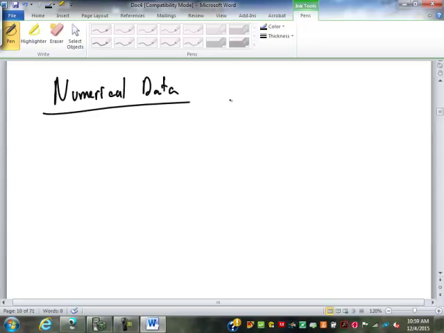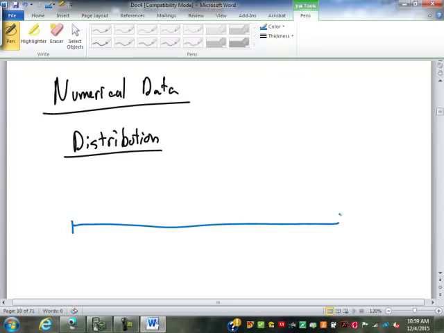To understand numerical data, you have to understand something called a distribution. A distribution is just a plot of how popular, how common certain values are. If we're looking at discrete numbers, we'll do this. Let's look at test scores.